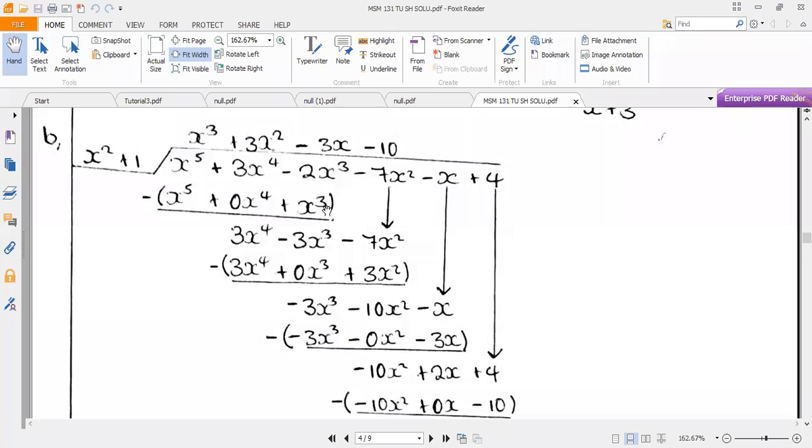If you multiply this one, 3x to the power 3 times x squared is 3x to the power 5, and x to the power 3 times 1 is x to the power 3. So we don't have x to the power 4, which means that it is a 0 because it's not there. So we introduce a 0x to the power 4. I hope that is clear.